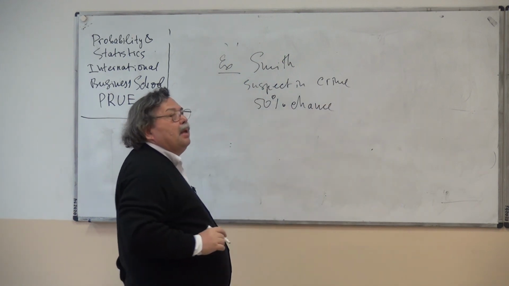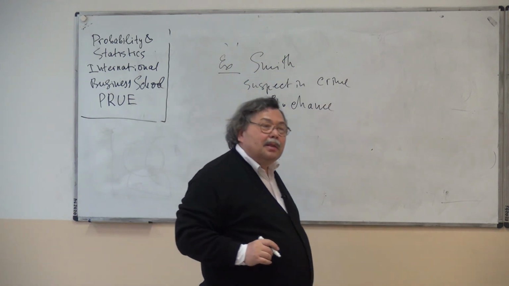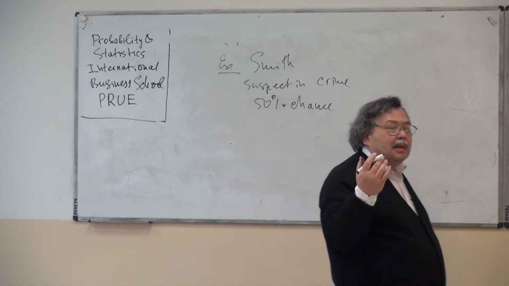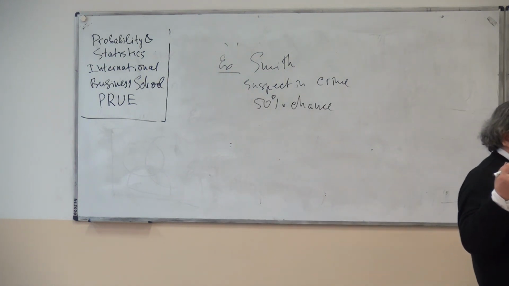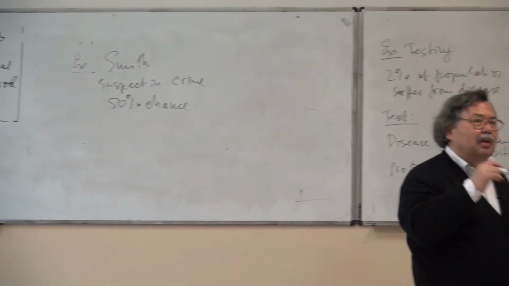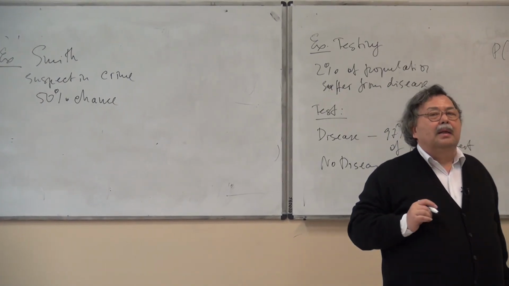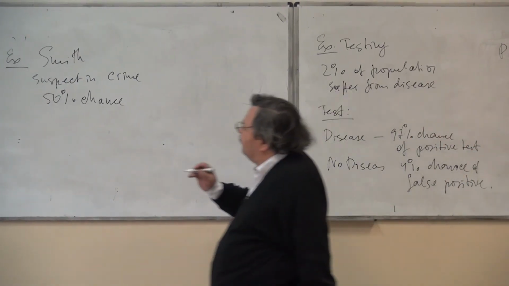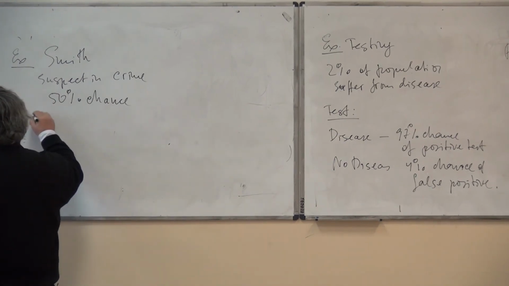But then something interesting appears as evidence. Evidence is obtained that the actual criminal, the person who actually committed the crime, is left-handed. So this is additional evidence.